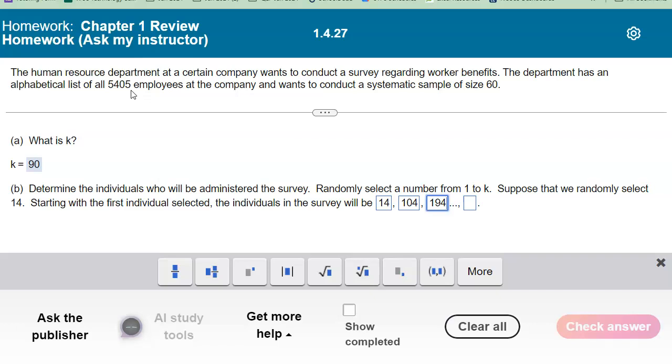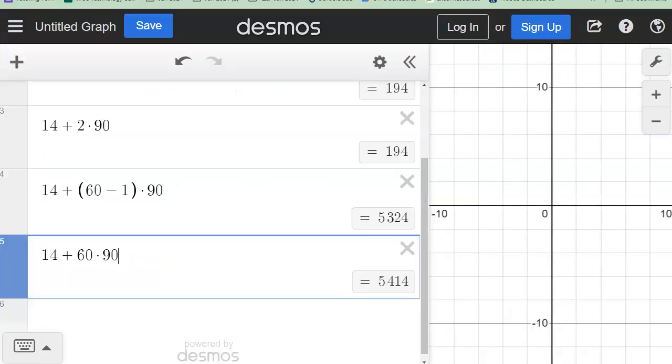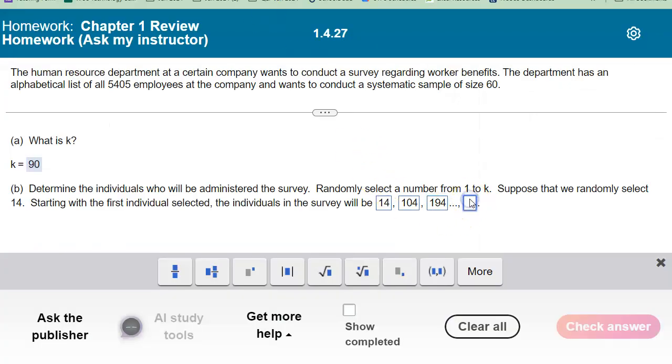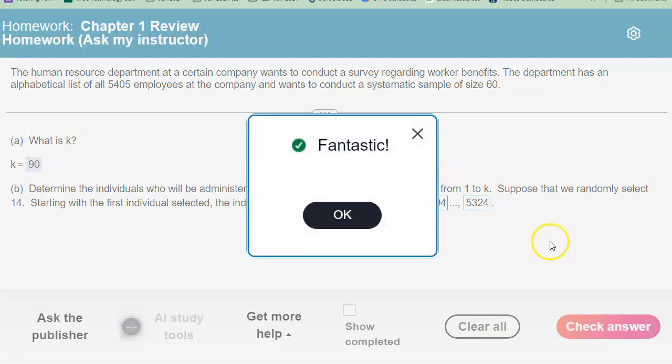So I'm actually going too far. So you want to back up 1, or in other words, think of it like you're subtracting 1 jump of 90 here. And remember that gave us 5,324 when we followed that formula from the text.